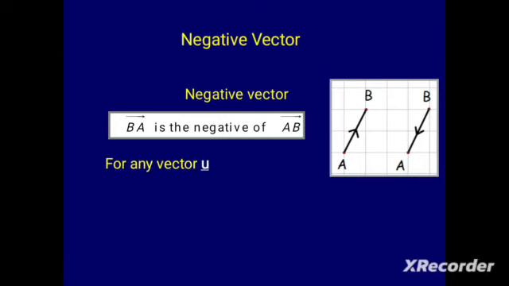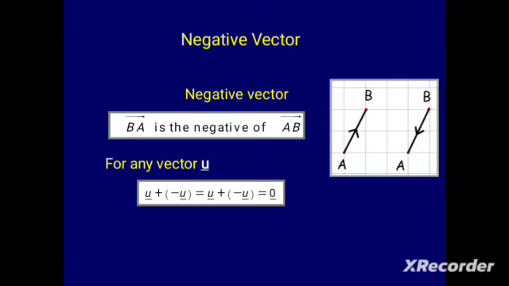Now for any vector u, vector AB is represented by vector u, and vector BA is represented by vector negative u, because it's the reverse of vector AB. And so that would mean vector u plus negative vector u, you get 0.